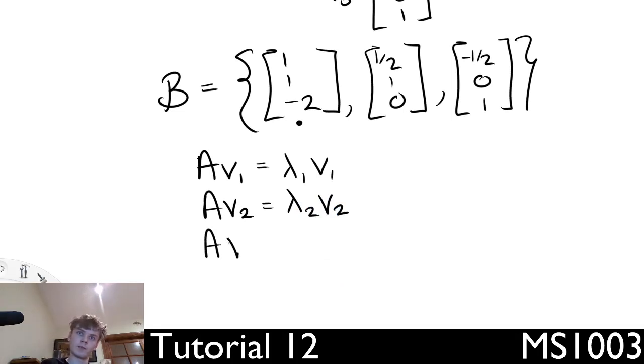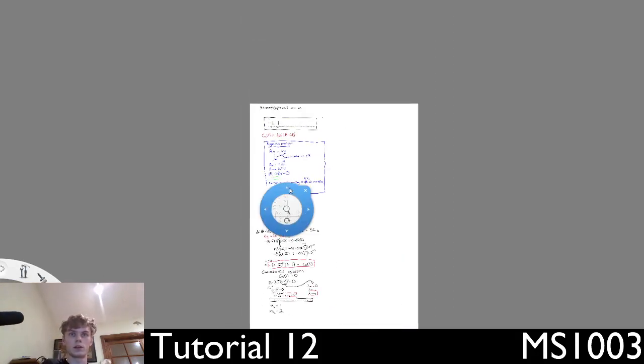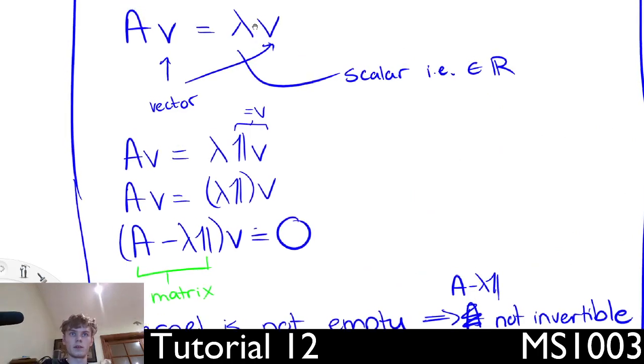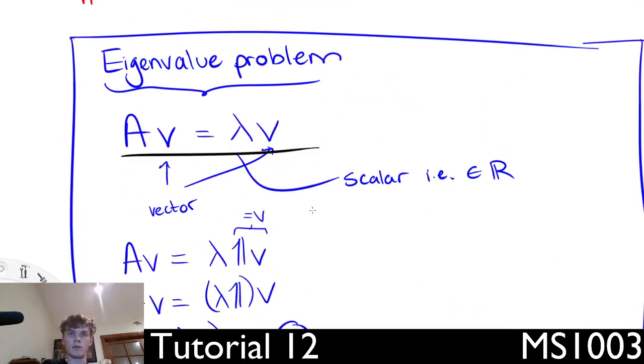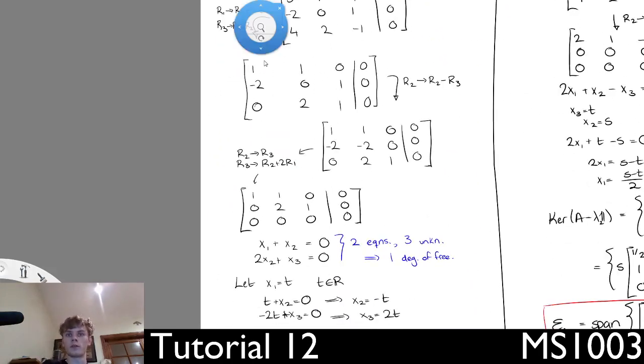If I do A times v3, that can be lambda 2 times v3. Lambda 2 is a double eigenvalue. So compare what I just wrote there to the thing we started off with, the eigenvalue problem, Av equals lambda v. So that's how I know those 3 equations.